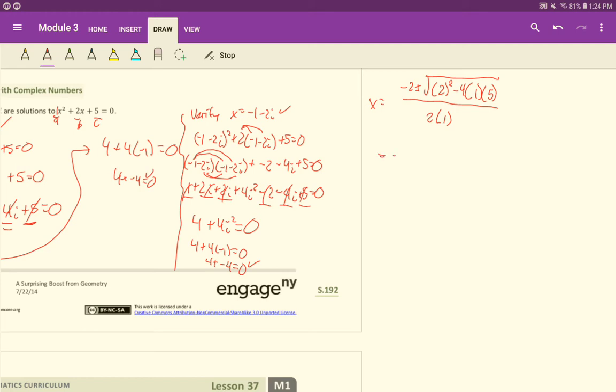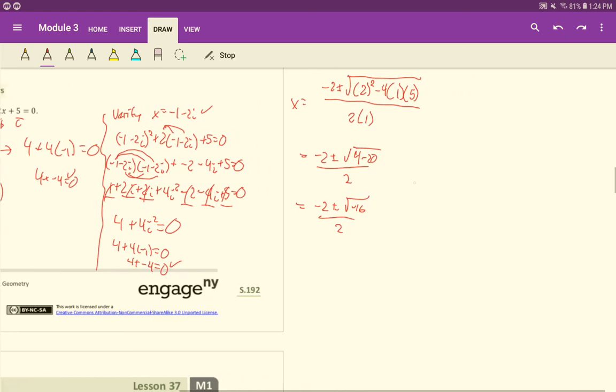And then we just simplify here. So negative 2 plus or minus the square root of 4 minus 20, over 2, which gives me negative 2 plus or minus the square root of negative 16. Let's do a little sidebar over here. That's equal to root negative 1 times root 16. What's the square root of negative 1? Remember we said that was i. And what's the square root of 16?